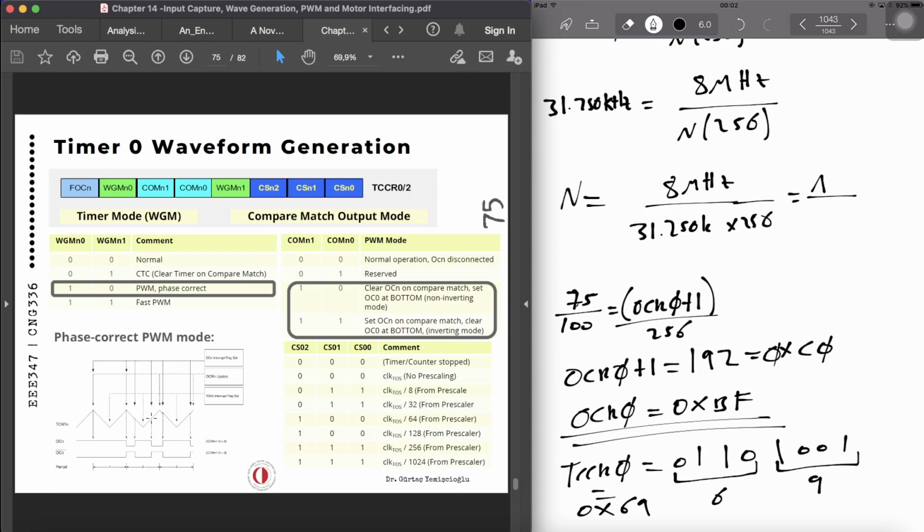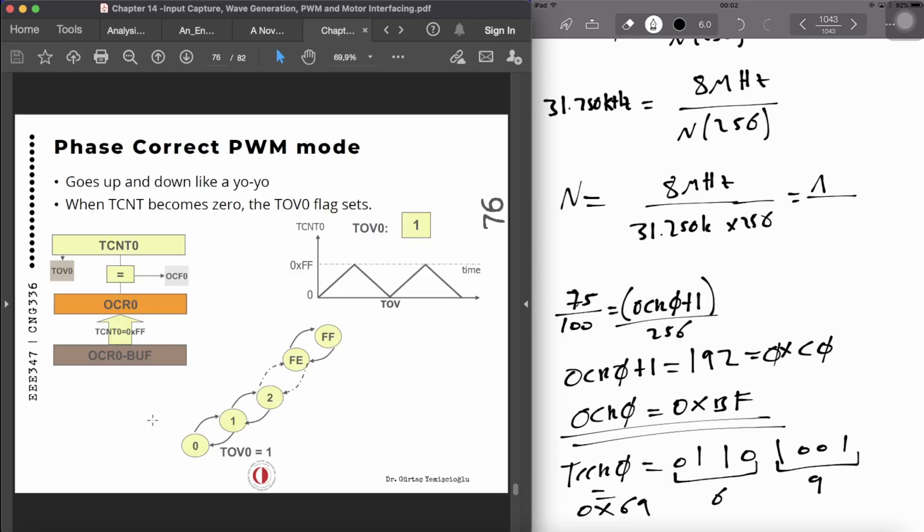Then we have got another match over here, then the interrupt flag is set, and then we go up, OCRn is updated, and then again the interrupt flag is set. So as you can see, while going up or while going down, we can generate separate interrupts from the OCFn. So again, counting up to the FF and counting down, it goes up and down like a yo-yo all the time. And based on that, we can easily generate the PWMs.